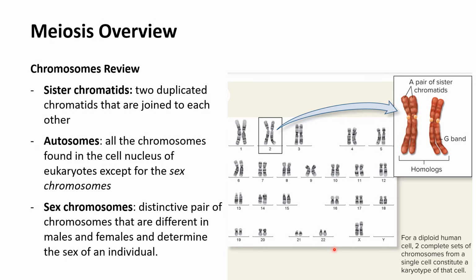Now, sex chromosomes are the distinctive pair of chromosomes that help to determine the gender of a human individual. So over here, we can see this particular image is showing the chromosomes from a human female. So there are two X chromosomes, right? We can see they are homologous, they're the same shape, same banding pattern.